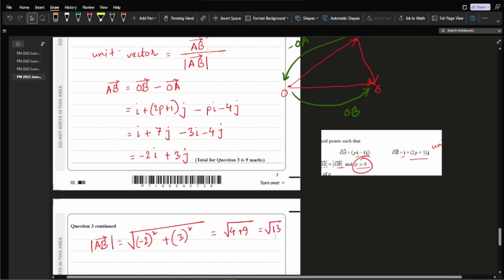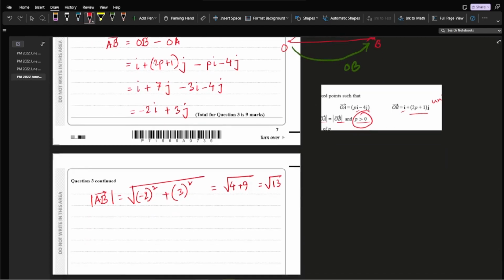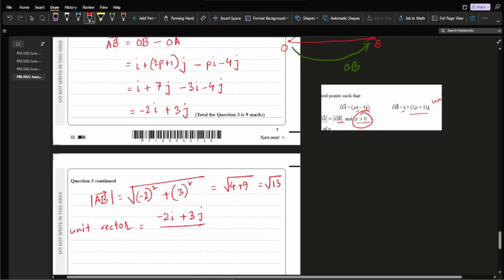We are just going to divide the vector AB by its magnitude. So the unit vector towards AB is equal to minus 2I plus 3J divided by square root of 13.